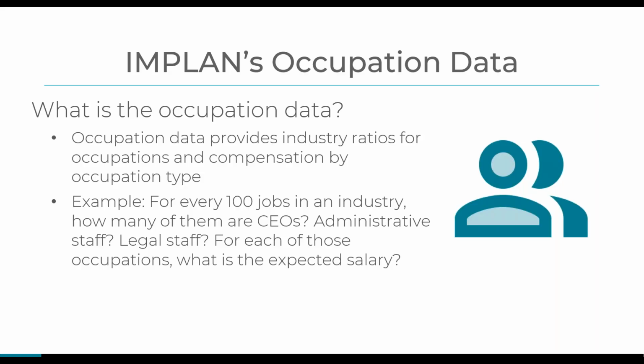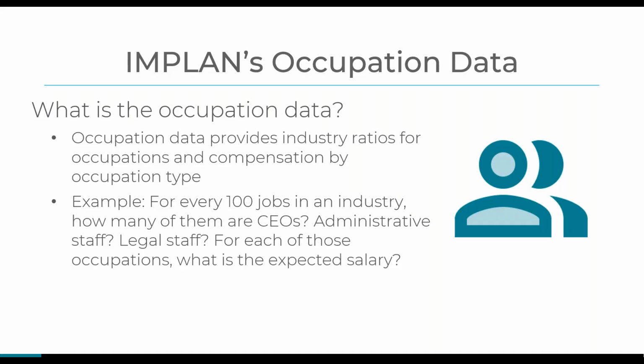The primary components of the occupation data are ratios. So in IMPLAN, employment and employee compensation are two of the data points that are provided for both regional study area data and as part of the impact results that you receive after running a study or impact in the tool.